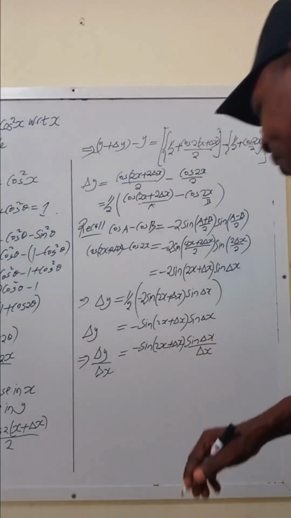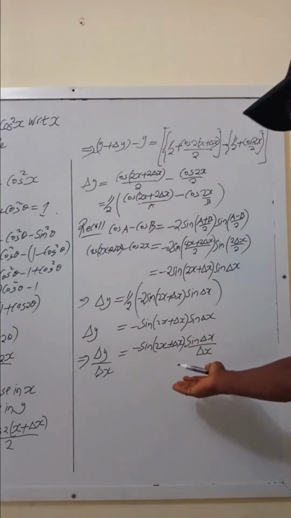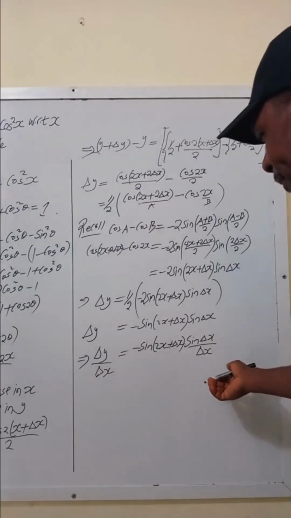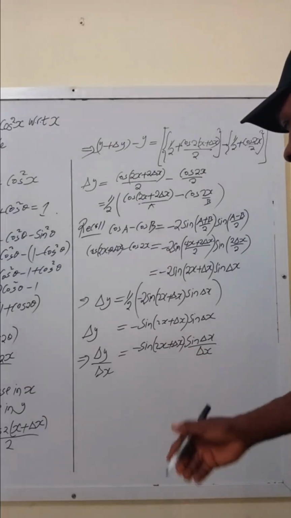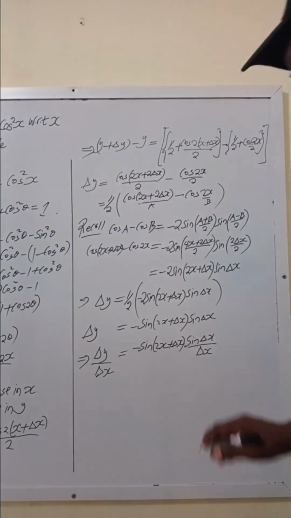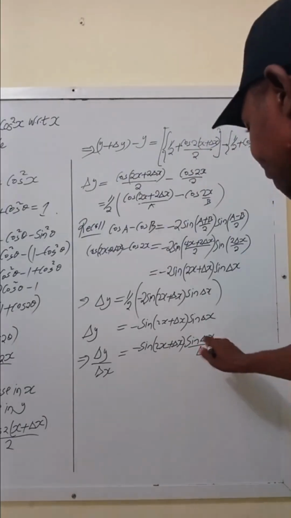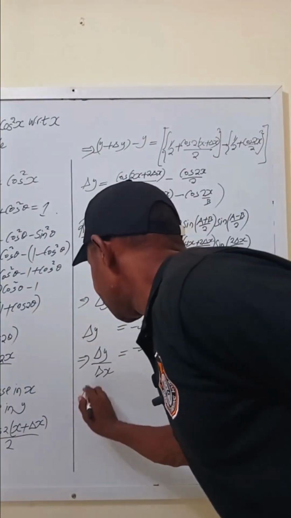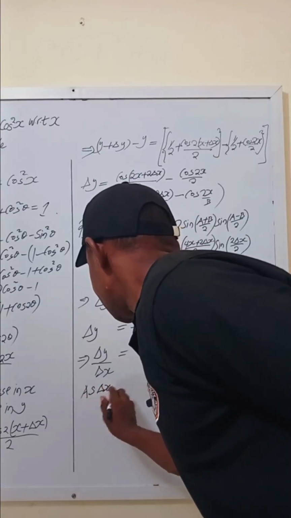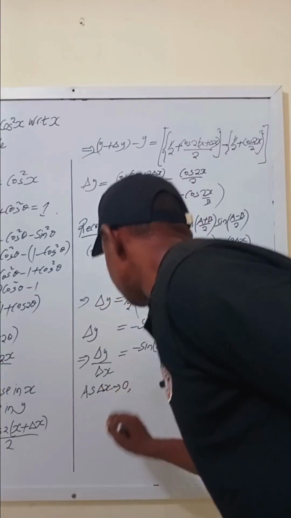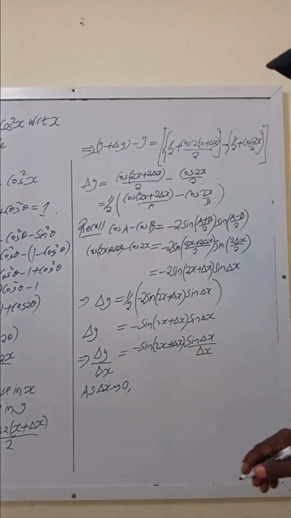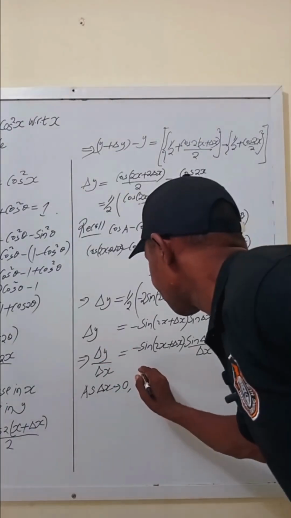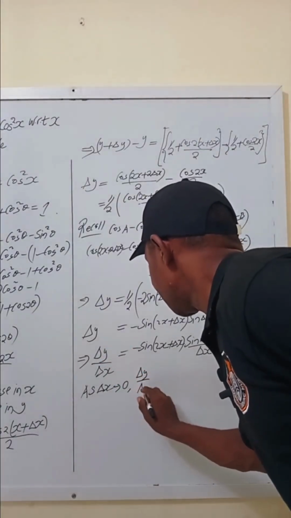So now what happens here? This expression we have arrived at, this is the point where you start having limits. So what do we say about the limits? Let's look at the delta x, because it's the one which impacts the delta y. As delta x tends to 0, what happens to delta y over delta x?